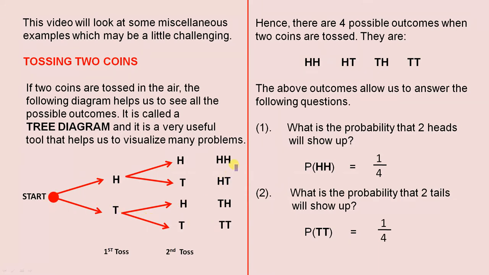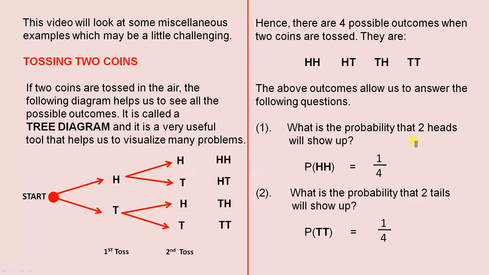So you have those four possible outcomes. So hence there are four possible outcomes when two coins are tossed, and they are these ones. The above outcomes allow us to answer the following questions. Always in probability, when you have worked out all the outcomes, then you can answer whatever questions you need.